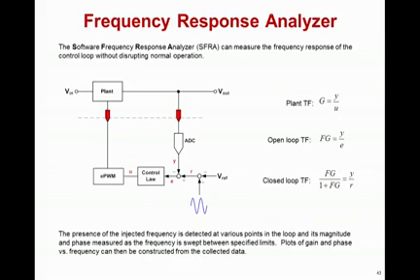This is a little bit of the theory behind how the frequency response analyzer works. You take the plant, the control law, and the feedback shown here, and at the point where you begin to compute the control law, you inject a sine wave frequency. This is then propagated through the control loop and measured at various points.